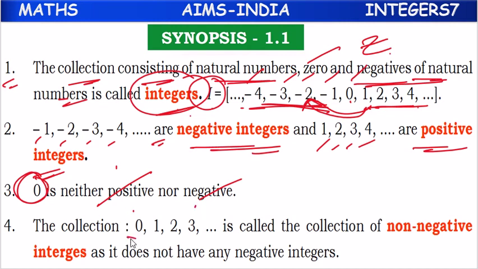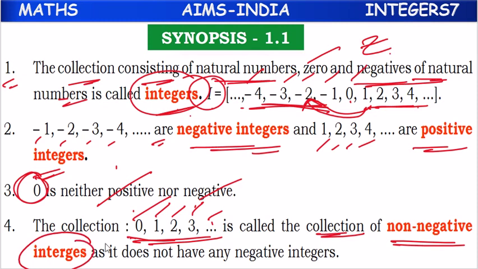The collection starting from 0, 1, 2, 3 and so on is called the collection of non-negative integers. We cannot call them positive integers because 0 is neither positive nor negative.